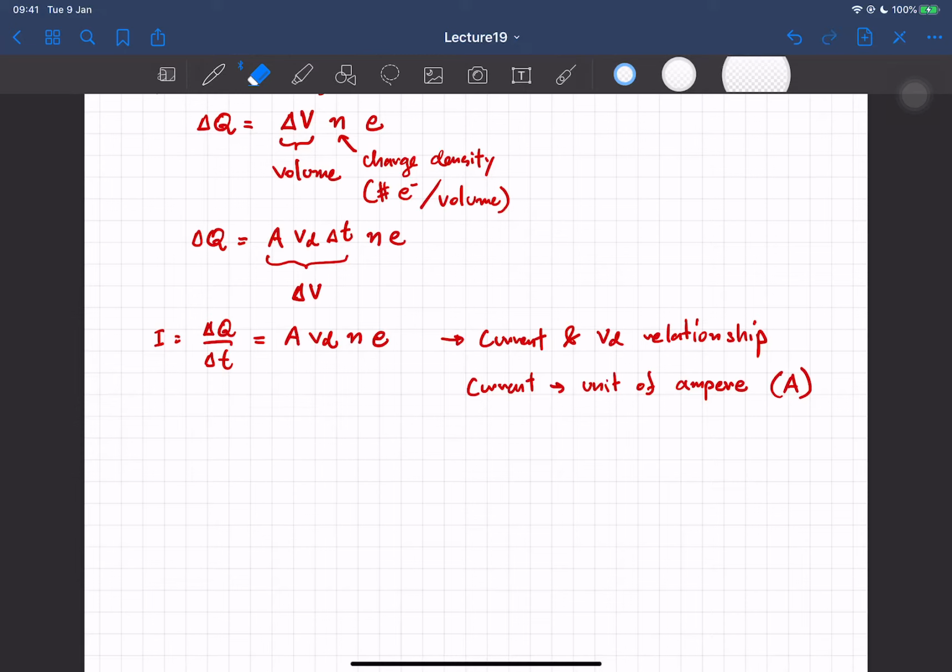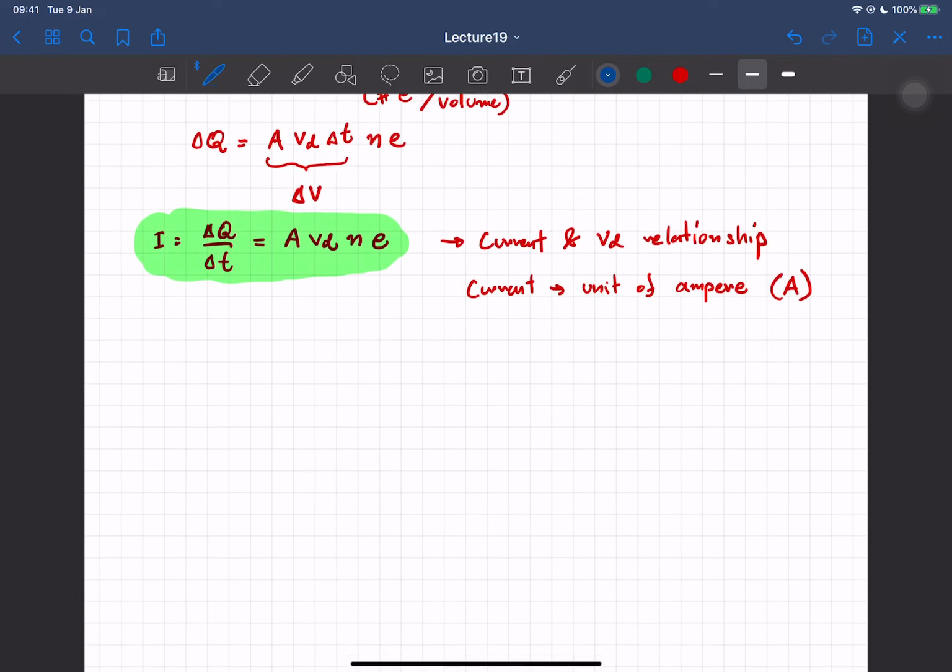In any case, this formula is something that we are not going to use that often, but it's good to know, in case you really want to know the drift velocity. But most of the time, we're going to be using the one that I'm going to talk about now, which is something like this.